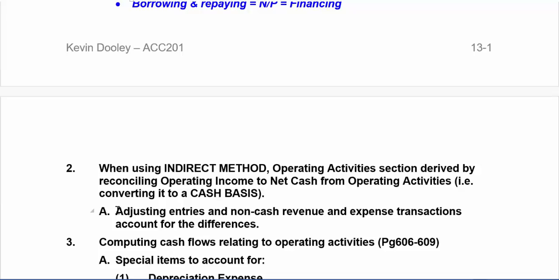So a lot of the differences have to do with adjusting entries we've made and transactions that involve revenue or expense but not immediately cash. All of the evidence of that typically shows up on the company's balance sheet through current asset and current liability accounts.